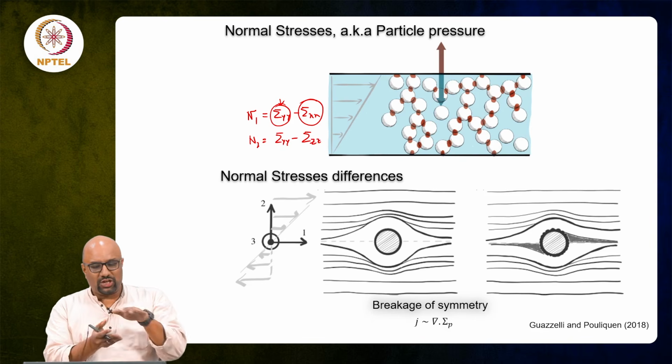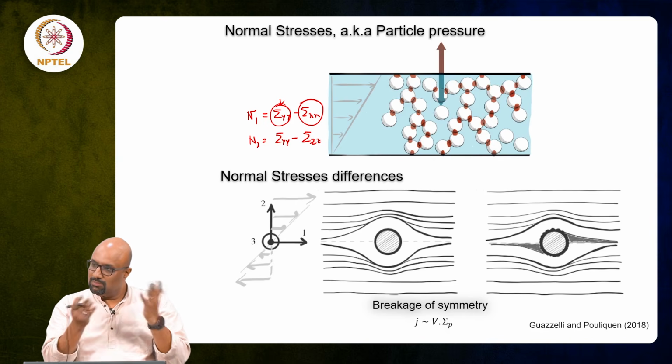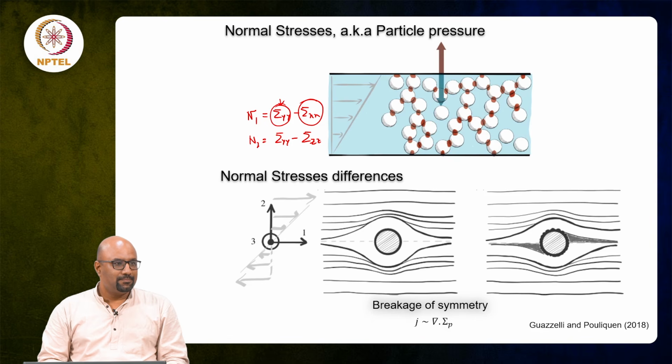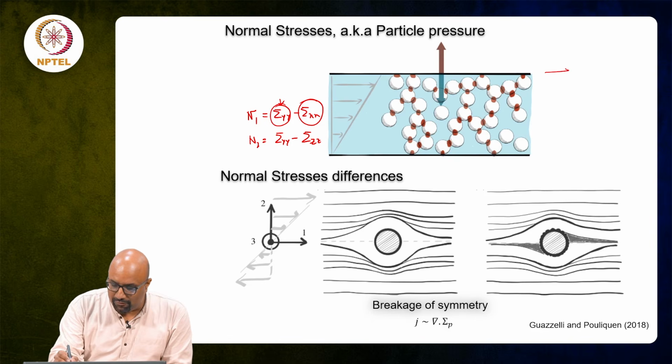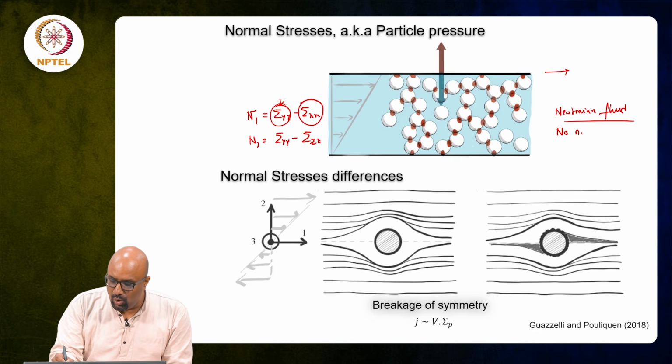Now, in a simple shear experiment of a Newtonian fluid, the pressure field is isotropic. So, there are no normal stress differences. If you do this experiment of a simple shear of a Newtonian fluid, which is to say that you have no particles present in the problem, you will have no normal stress differences.